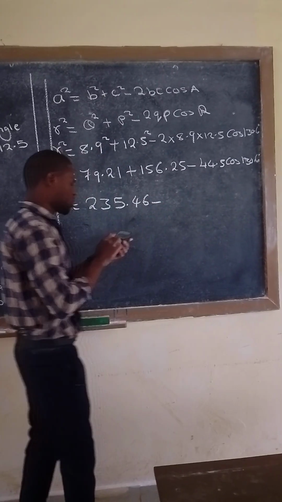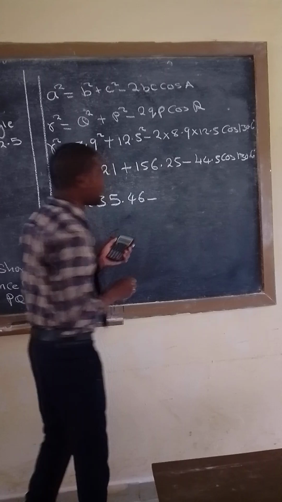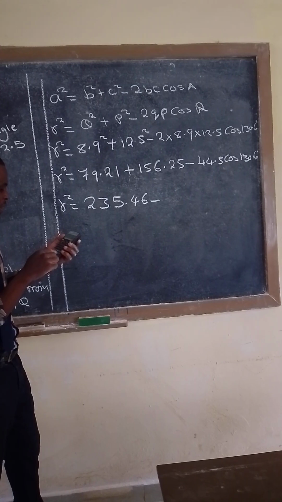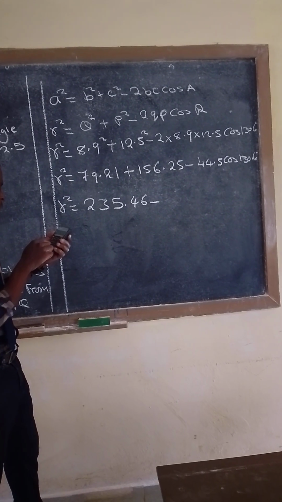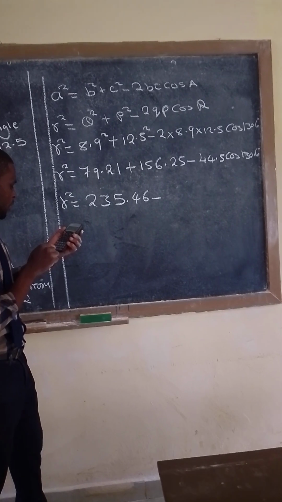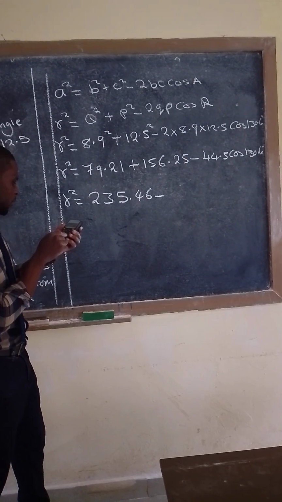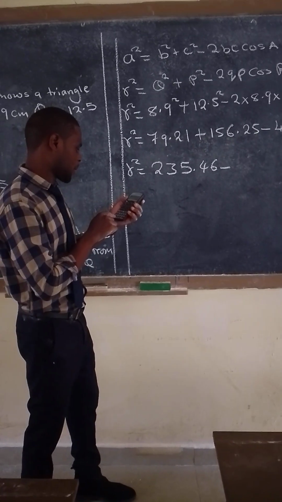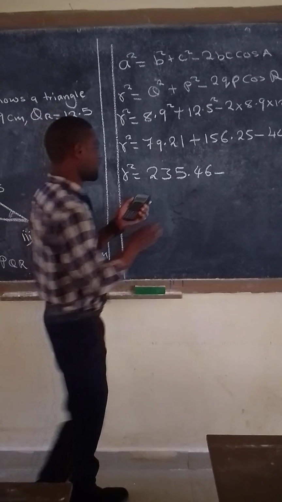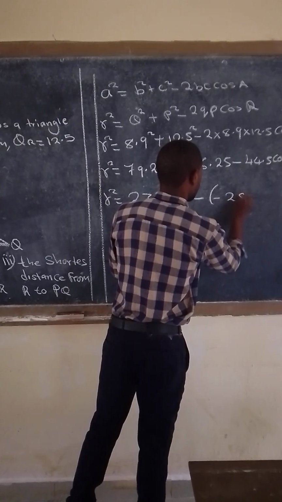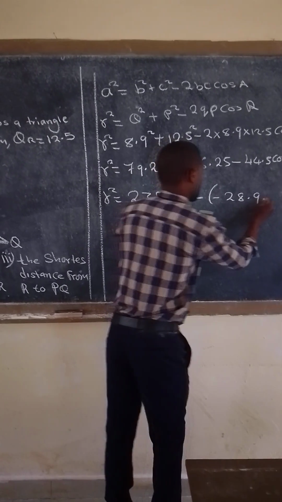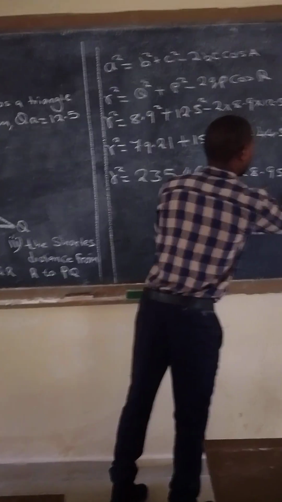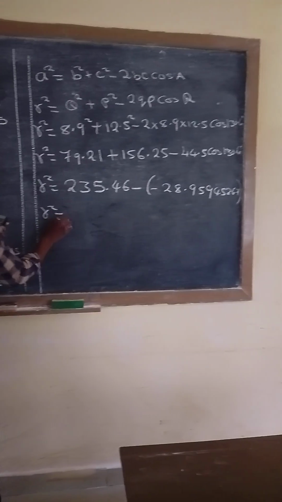Then minus: what is 44.5 times cos 130.6? That gives us negative 28.95945267. So you write everything down.